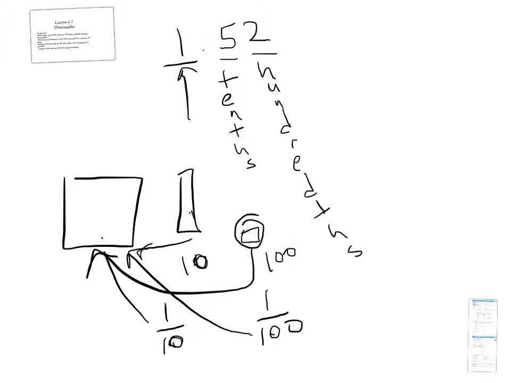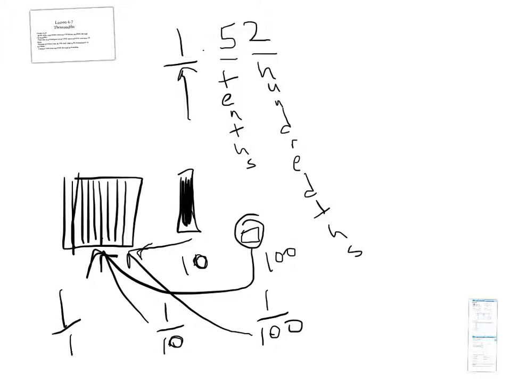There are 10 of those equal to the flat, because the flat is broken into 10. So each one of these would represent 1 out of the 10 needed to make the whole.